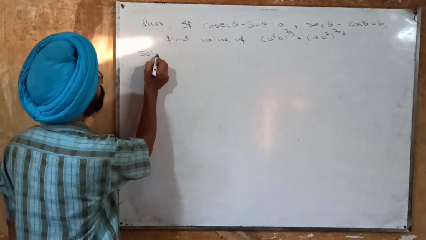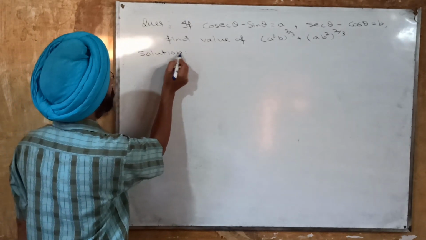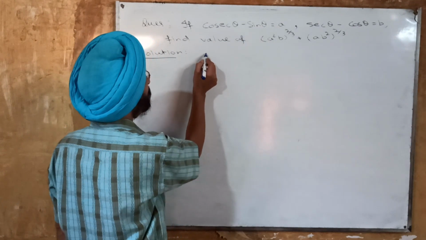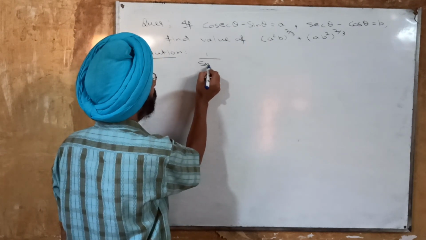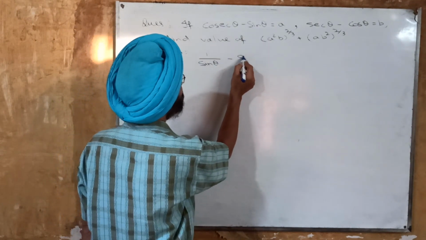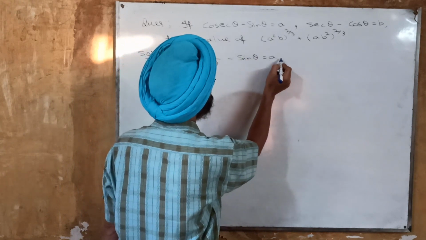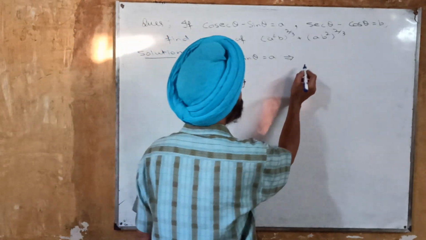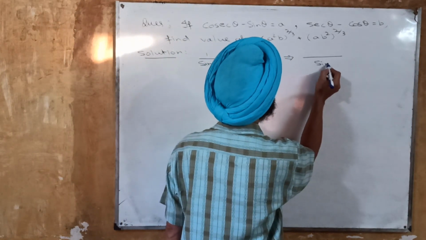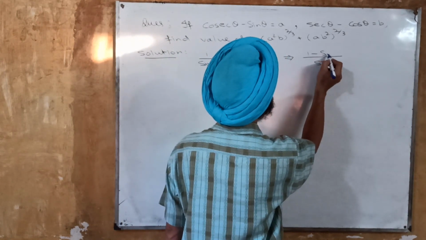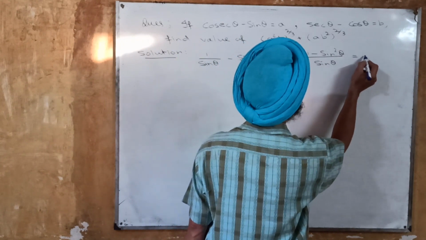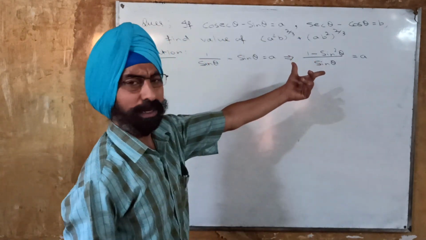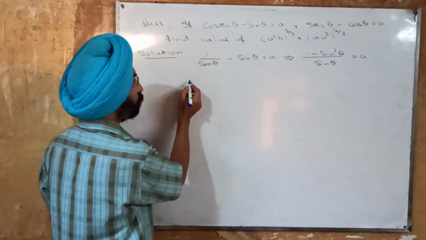So for the solution, as given, cosecant theta I am writing 1 upon sin theta minus sin theta is equal to A. This implies, taking LCM on the left hand side, sin theta, you will get 1 minus sin square theta is equal to A. Now 1 minus sin square theta is cos square theta.